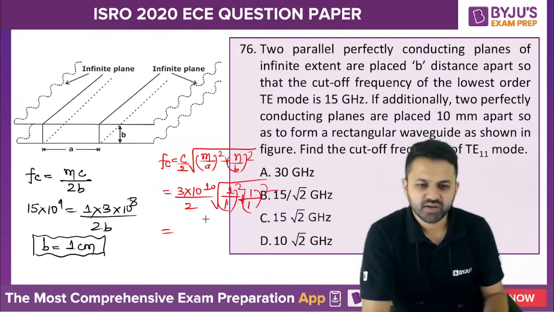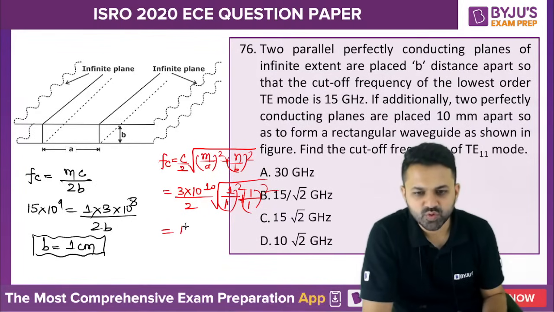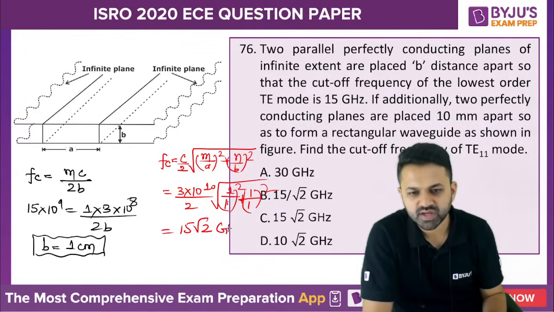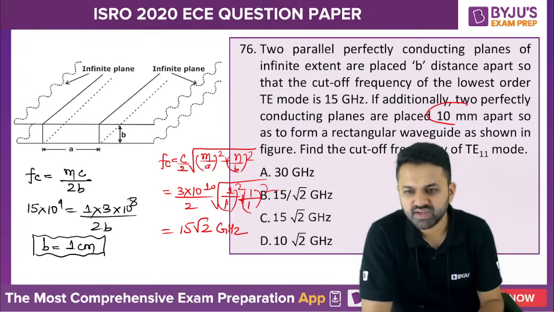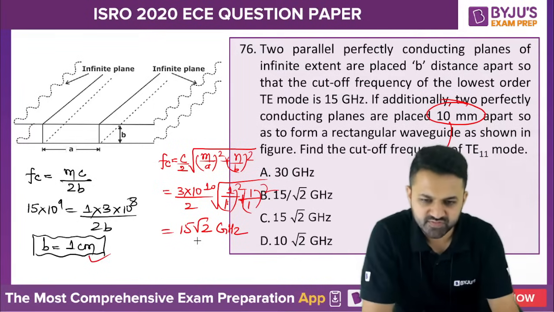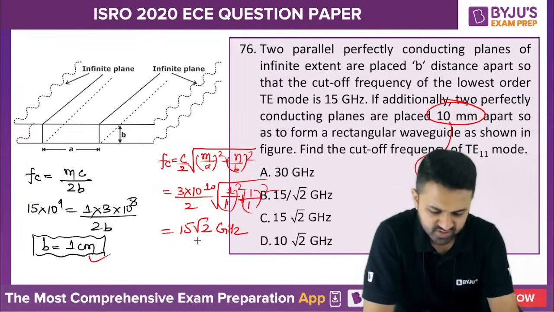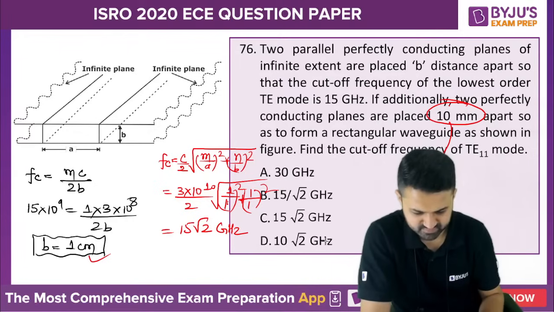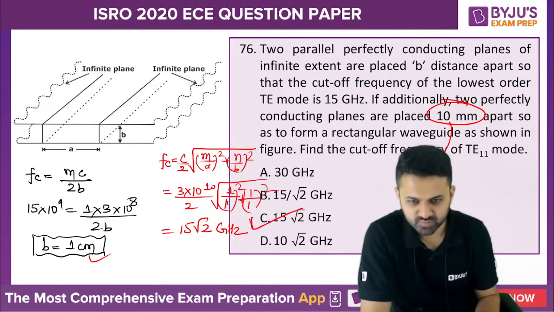We have converted into centimeters, so when you solve it, you will get 15 root 2 gigahertz. That is our option number C.